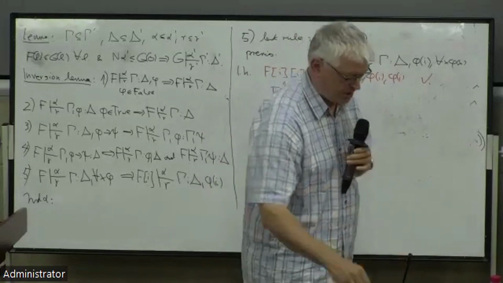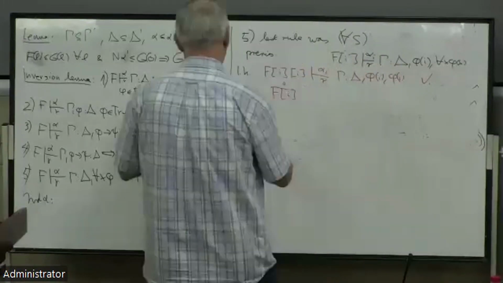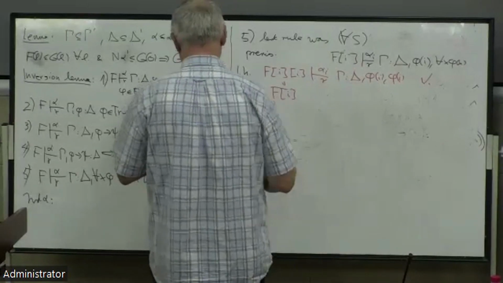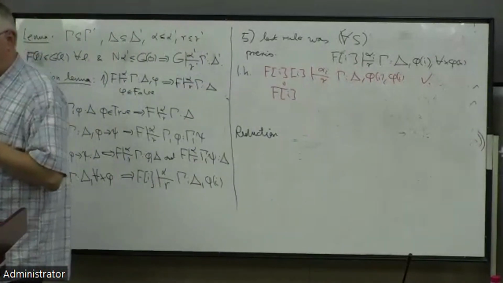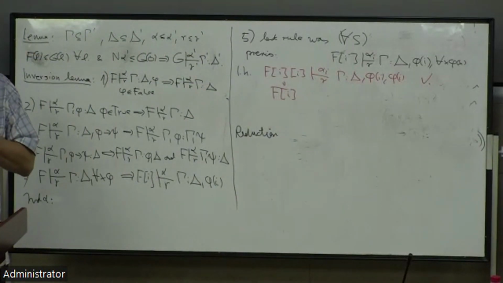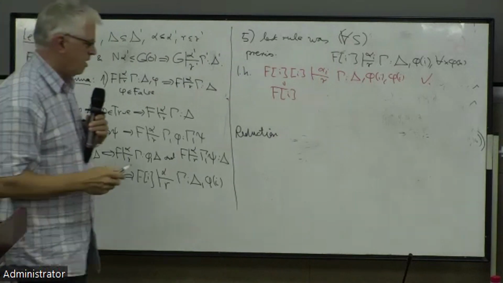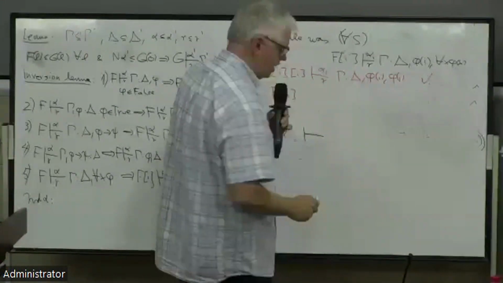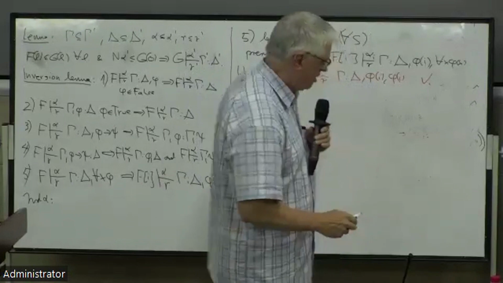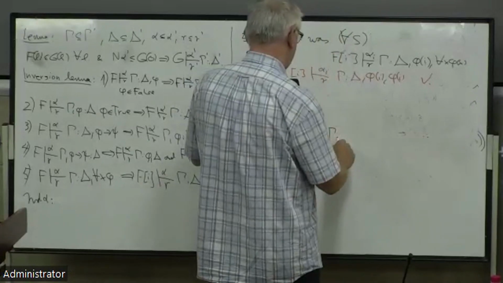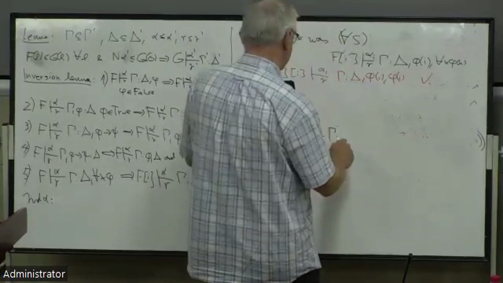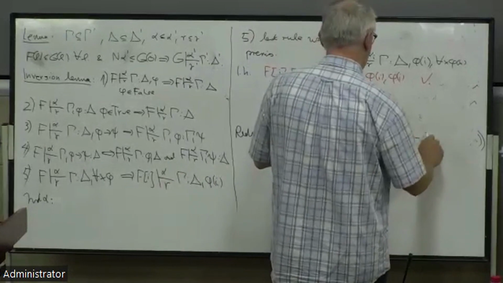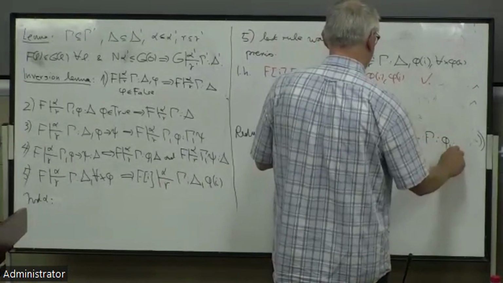Now comes the reduction. Notice that the reduction lemma is crucial for the reduction theorem. If you want to lower cut ranks by 1, you first have to prove the reduction lemma. How does it go? Well, we have two situations. We have gamma, phi double dot delta and the derivation of gamma double dot phi, comma delta.